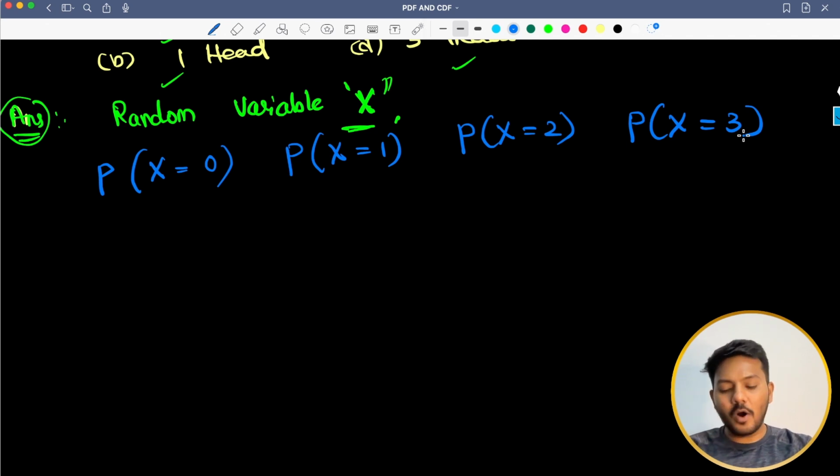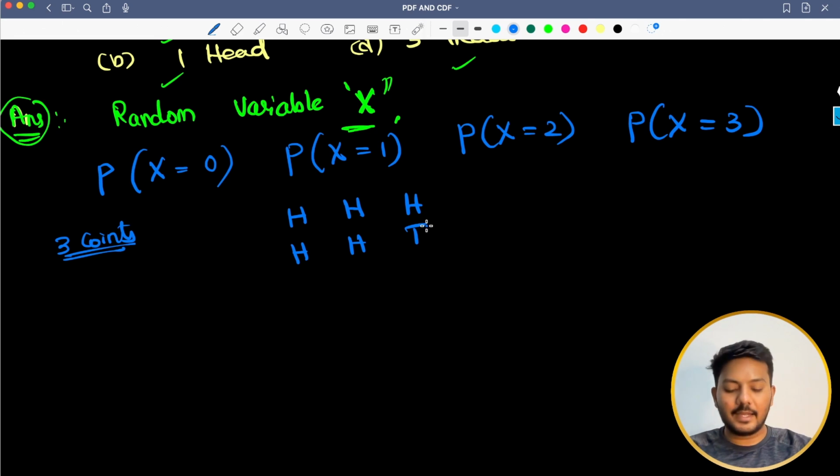So what we have is three coins, and each coin has either a head or a tail. So if I toss all of these three coins once, I might get head, head, head. Maybe all of these I will get heads, or maybe head, head, tail. I can get it like this, or maybe head, tail, head. I can get this combination, or maybe head, tail, tail.